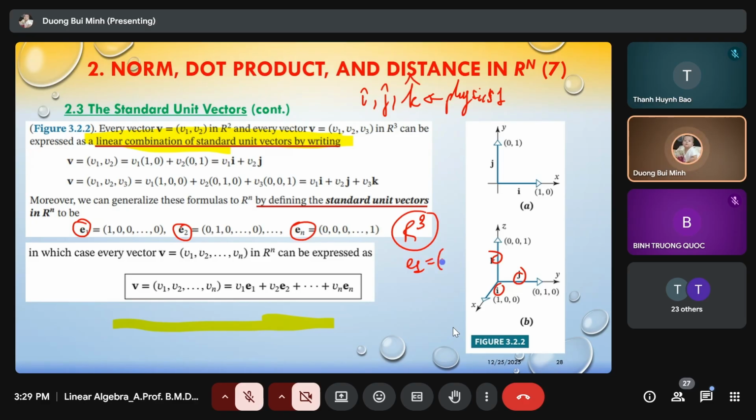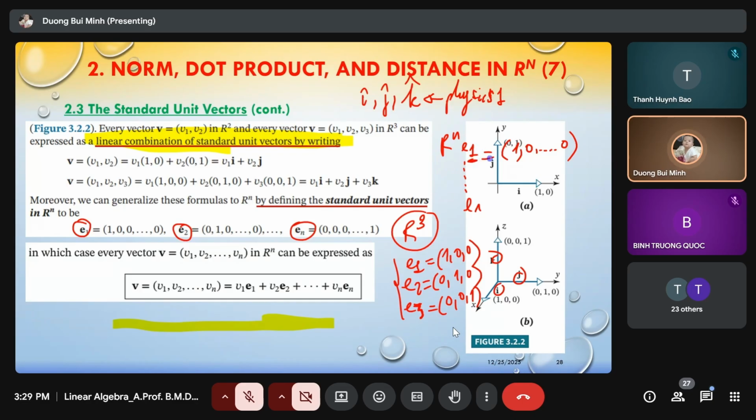e1 is 1, 0, 0. e2 will be 0, 1, 0, and e3 will be 0, 0, 1. So if we have Rn, we have e1 up to en. For e1 we have 1, 0, and so on to 0, because this is the first dimension.